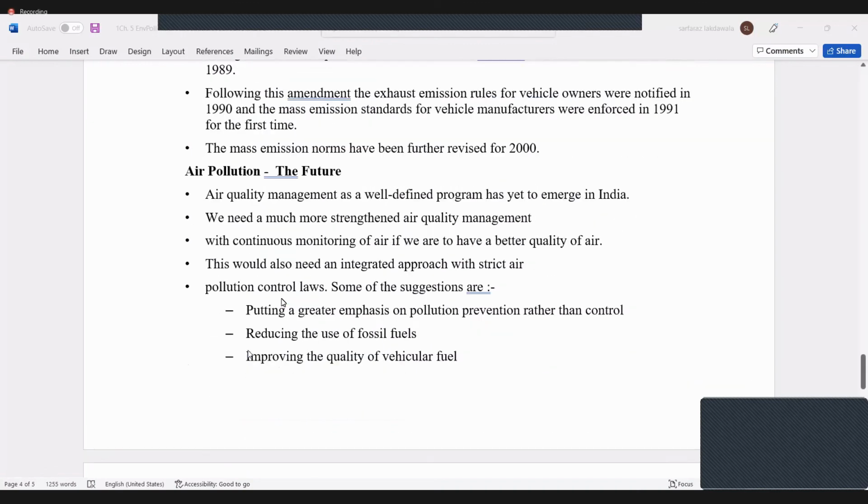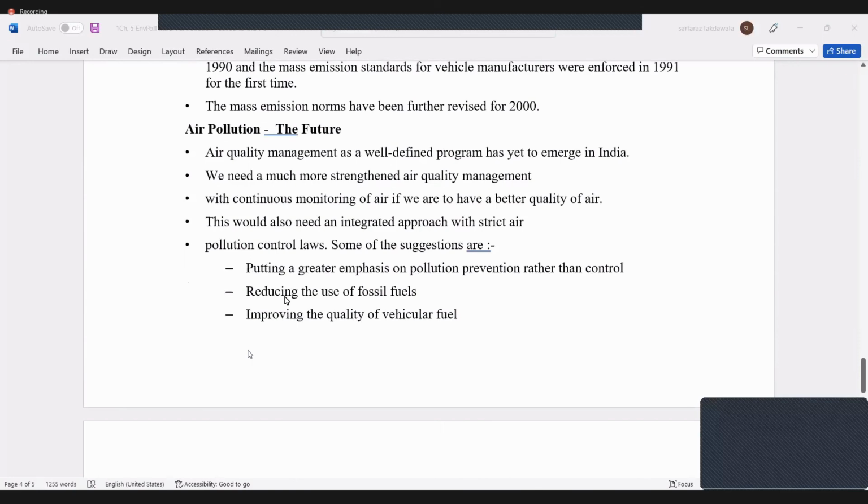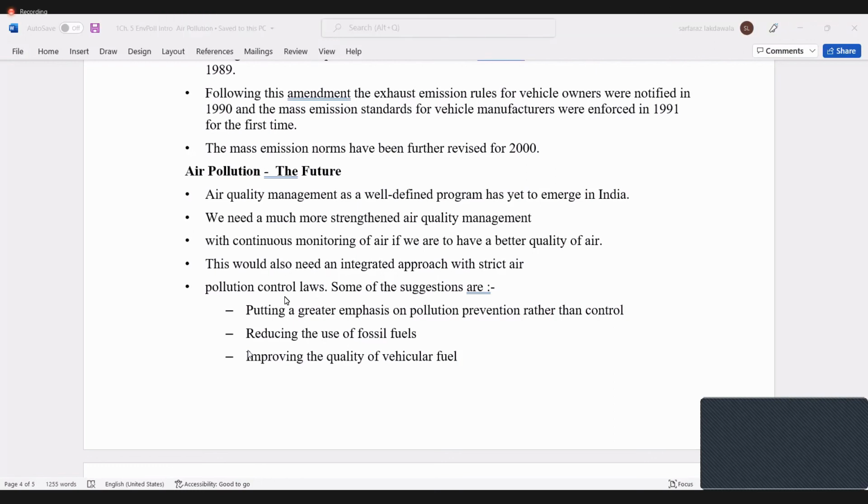Air pollution, the future. The future is that a well-defined air quality management program has yet to emerge in India. We need much more strengthened air quality management, where we control not only state-wise but country-wise, with continuous monitoring of air, if we are to have a better quality of life, or better quality of air for improving our life.